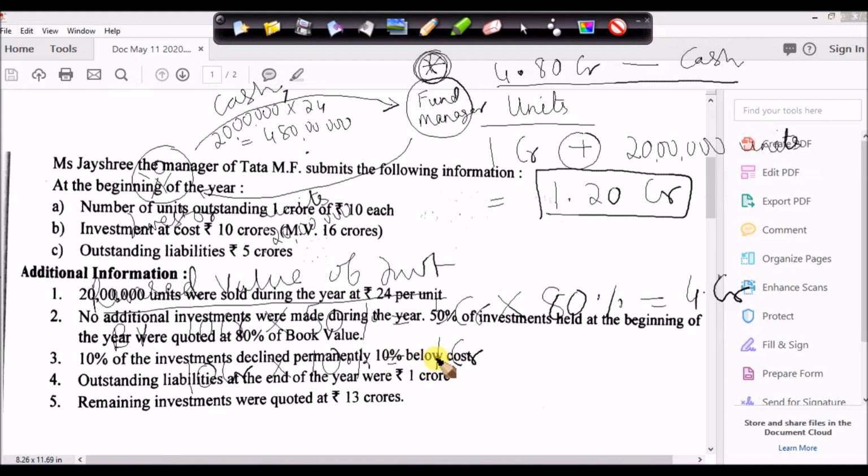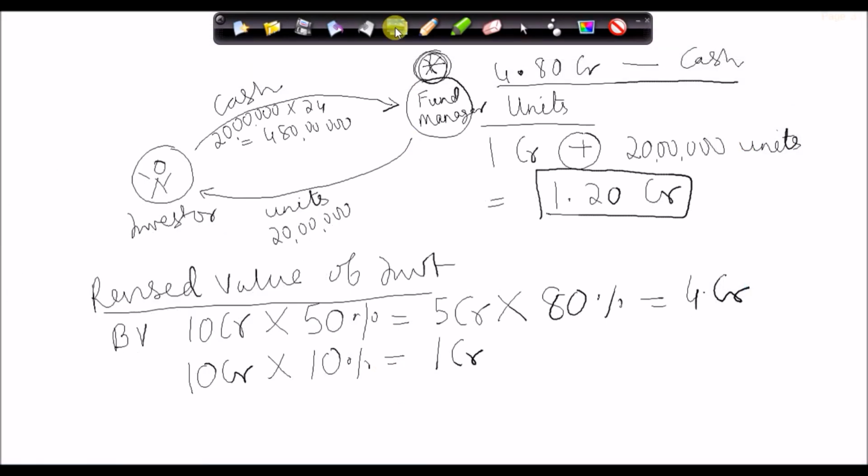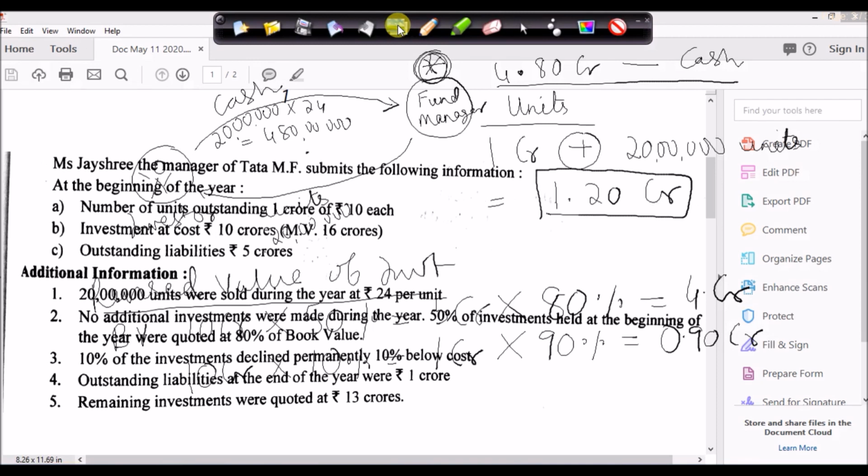So 10% below cost, I can assume that the cost is 100, and 10% below cost, I can take it that the cost has gone down to 90%. So right now the cost has come down to 90%. So we have 0.90 crores. So the investment value has turned out to be 0.90 crores.